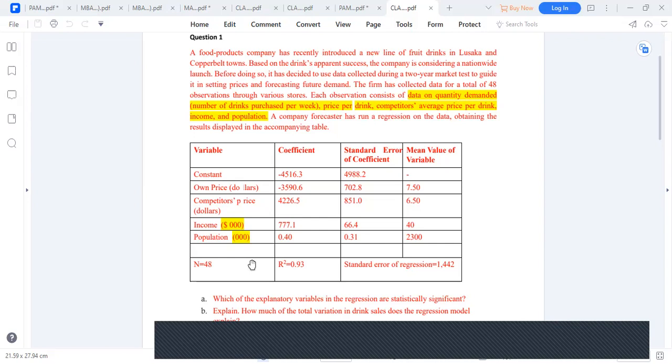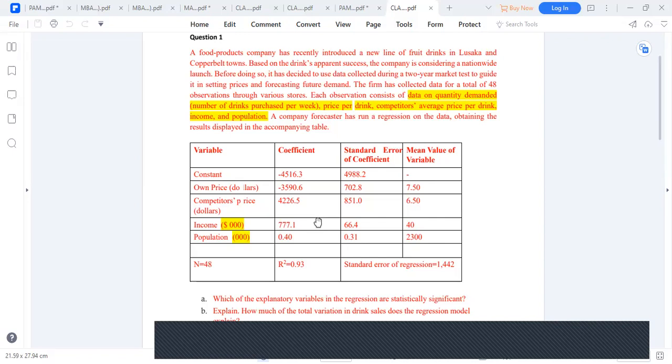we look at the values where the calculated T is higher than the critical T. So we'll be comparing these two. The ones that are significant are the ones whose computation is higher. So we're looking at 5%. Here you discover that we have price, which is higher.